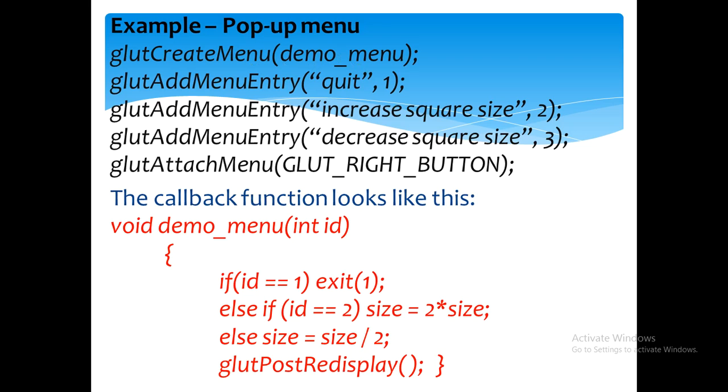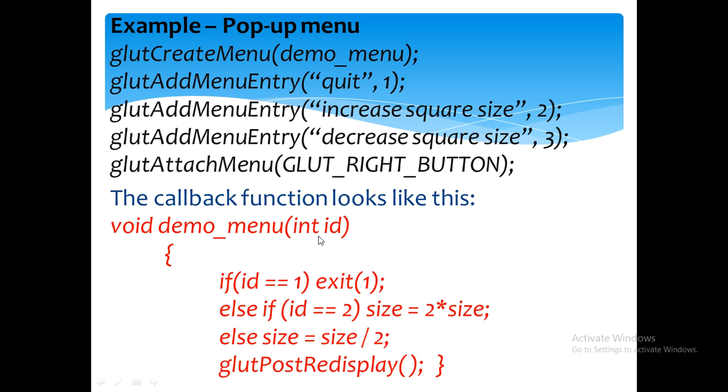Then I have to use the id. I am not supposed to use demo_menu here. I have to use the id of demo_menu. This demo_menu is for me, but the id is for my program. That's why, as I told, it will return the id of this, whatever it may be. That's why I use that id, integer id.